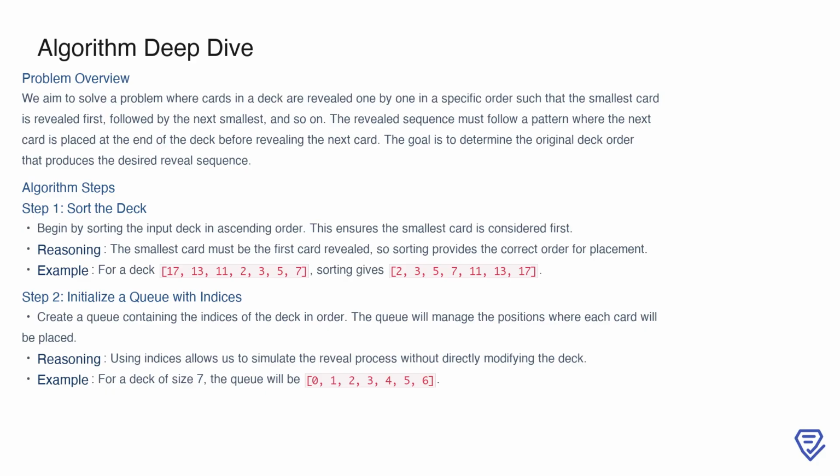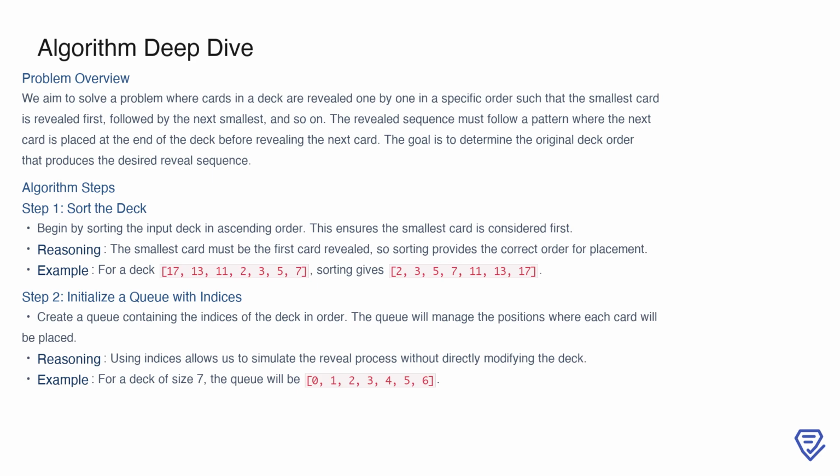First, we start by sorting the deck in ascending order. This is because the smallest card must be the first to be revealed, and sorting ensures the correct order for placement. For instance, if the deck is 17, 13, 11, 2, 3, 5, 7, sorting it gives 2, 3, 5, 7, 11, 13, 17.